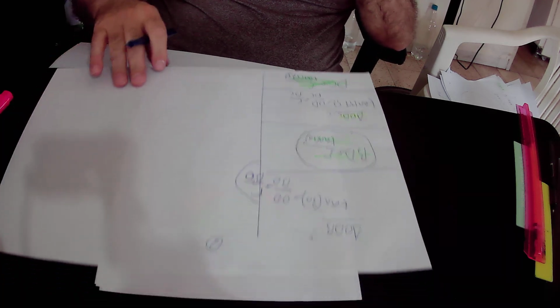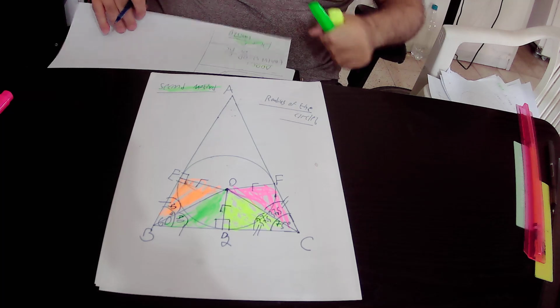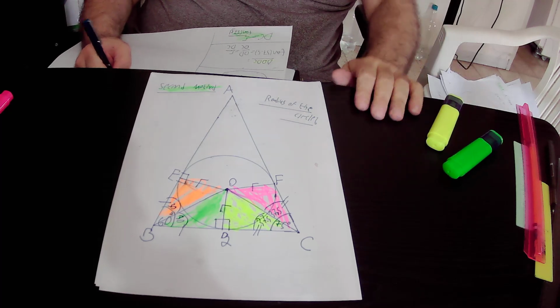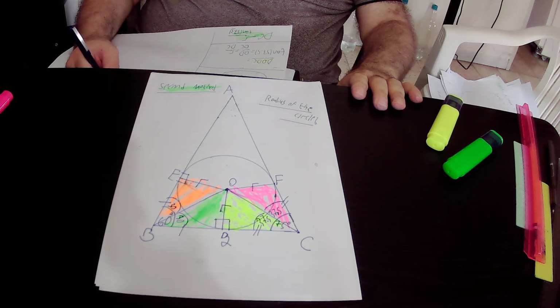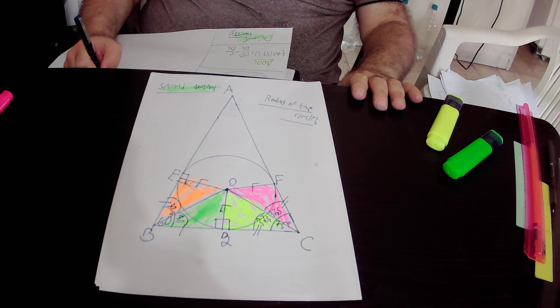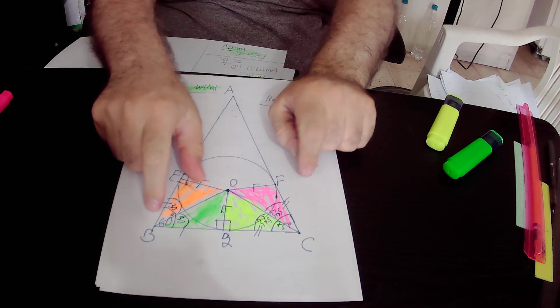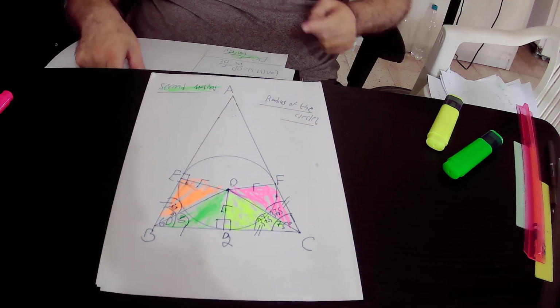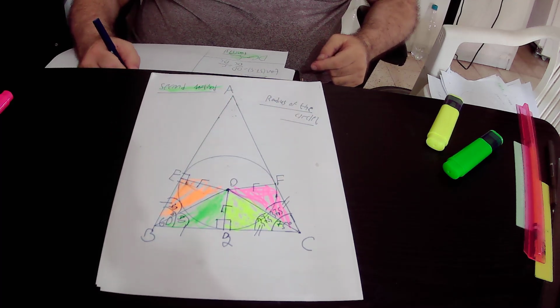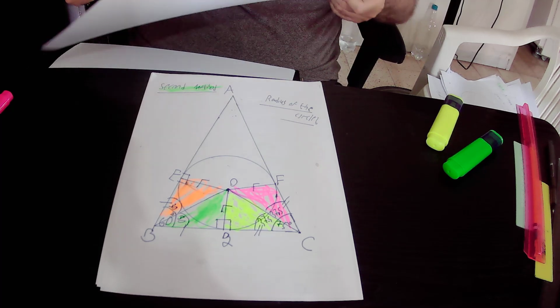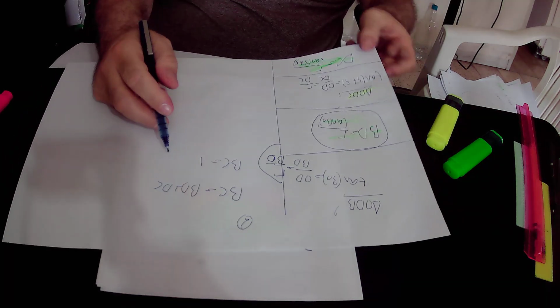From the drawing, it is very easy to see that BC equals BD plus DC. So BC is equal to BD plus DC.